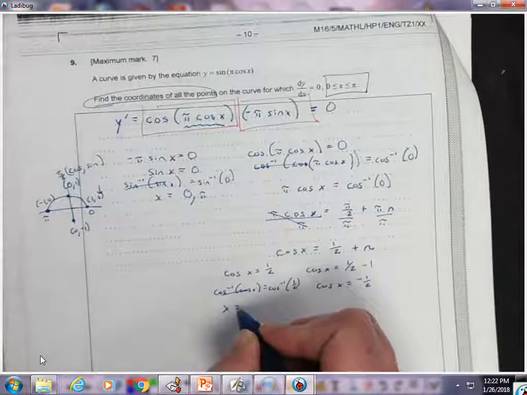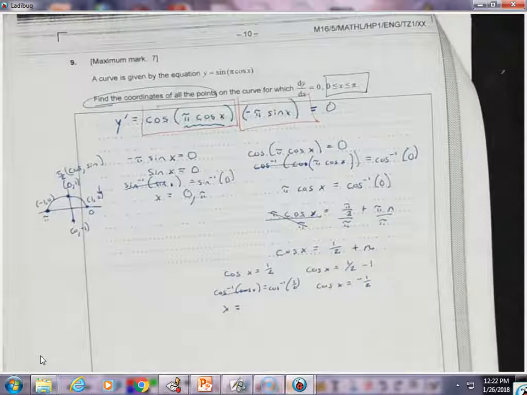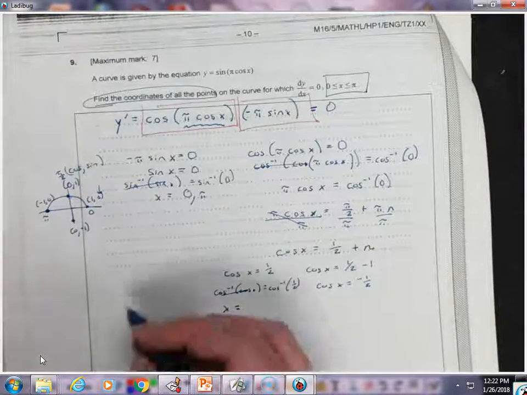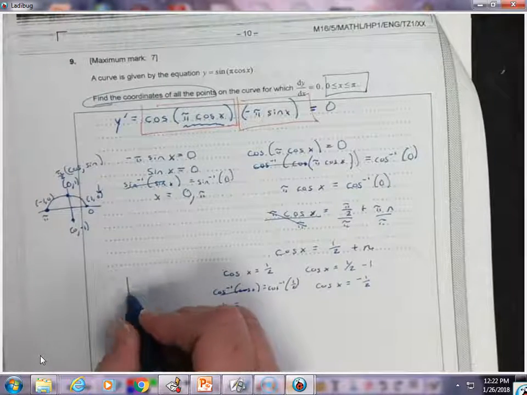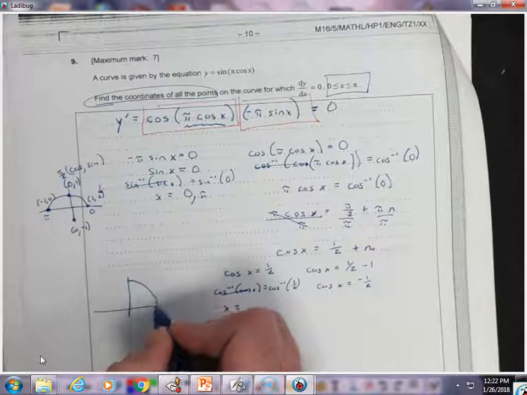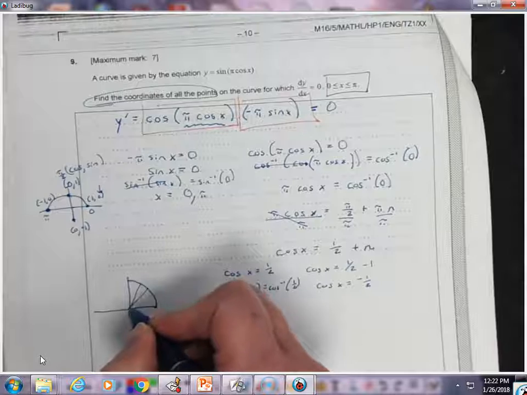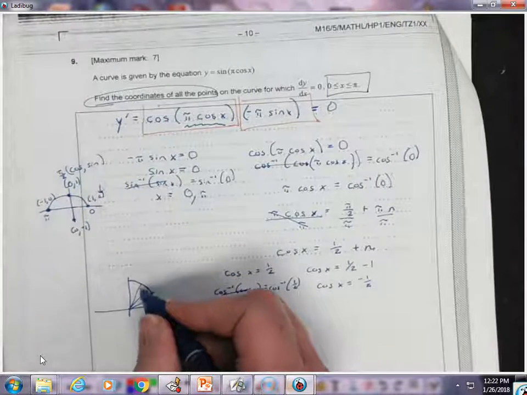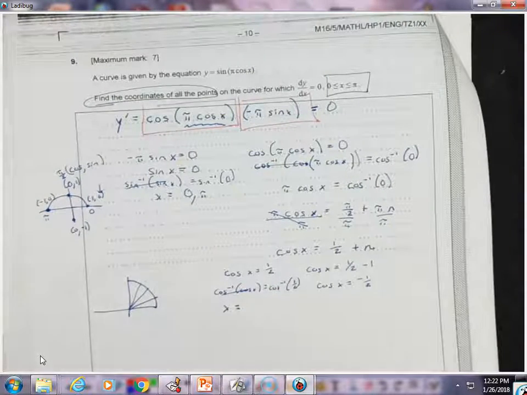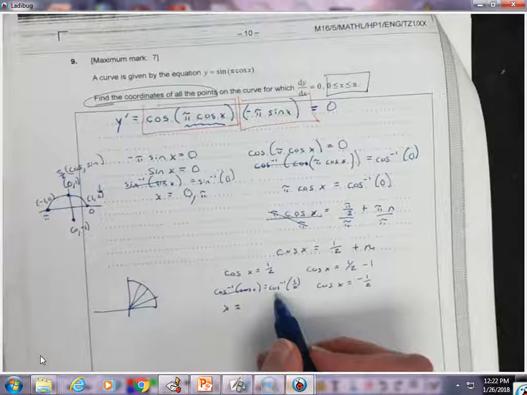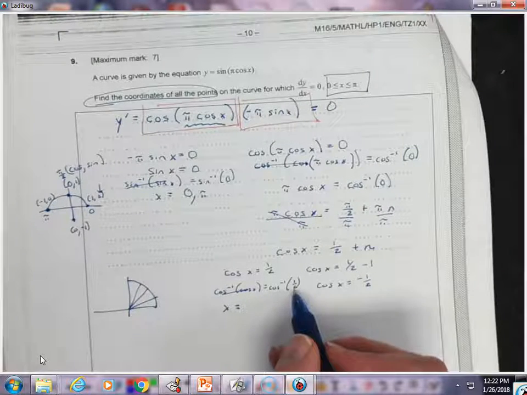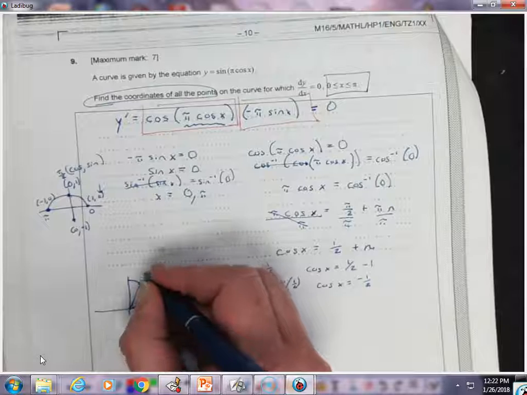Okay, so you're trying to think to yourself, where is the angle that has a cosine of 1/2? Okay, and so in the first quadrant, you're thinking, all right, I know I've got pi over 6, pi over 4, pi over 3, but I don't want to be over very much because this is the smallest value I could have. That's this point right here.